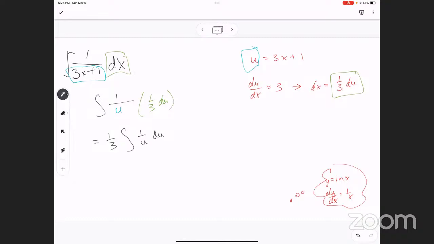Now I remember this: what function has the derivative 1/u? It's just ln of u. So this equals 1/3 times the natural log of u, and now I substitute u back in, and it's 1/3 times the natural log of 3x plus 1 plus c.